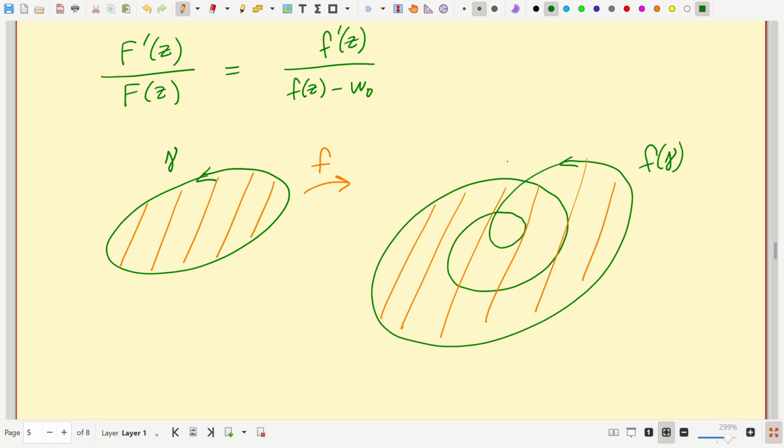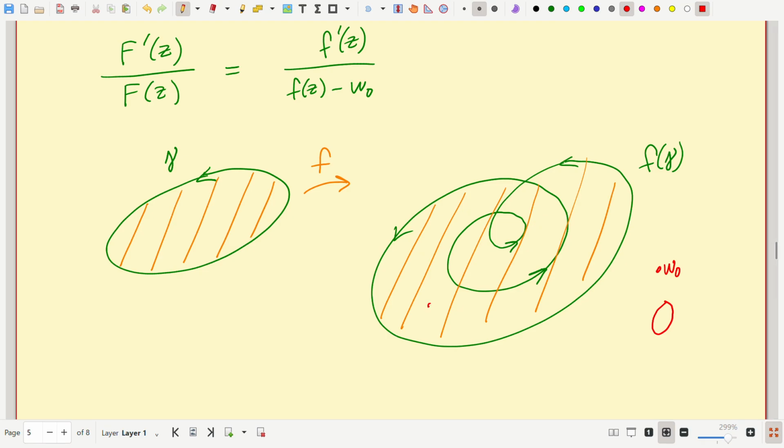And let's see, if I pick a w naught, it's going to go around like this, like that. Okay, let's see. If w is out here, it gets hit 0 times. So that would be a big fat 0 over here.